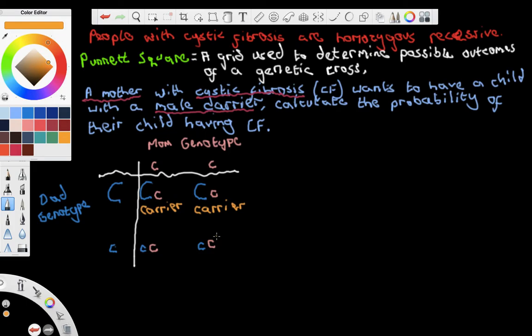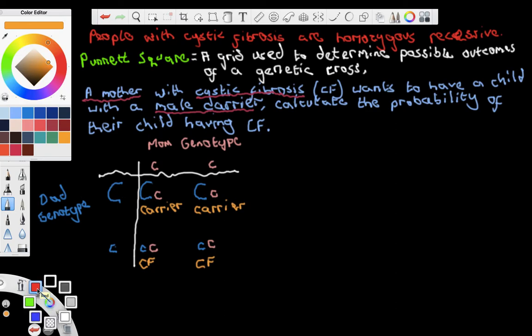Therefore, they would be homozygous recessive, and therefore they would have cystic fibrosis. These children would suffer from cystic fibrosis. Okay? Each cross is worth 25%. So we could say that they have got a 50% chance of having a child who is a carrier, and a 50% chance of having a child who has the illness.